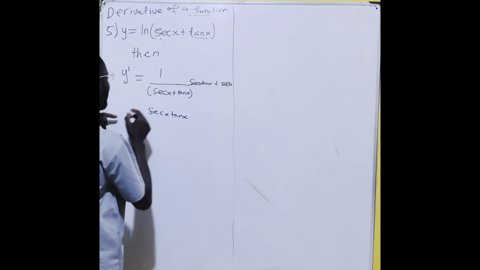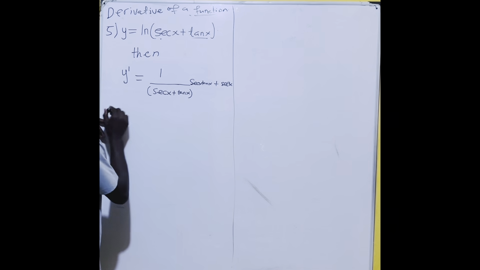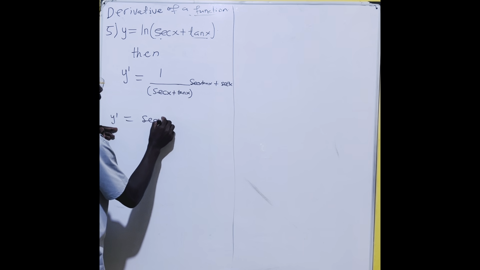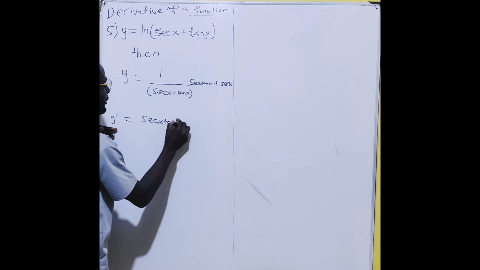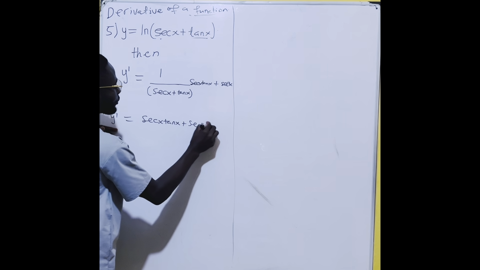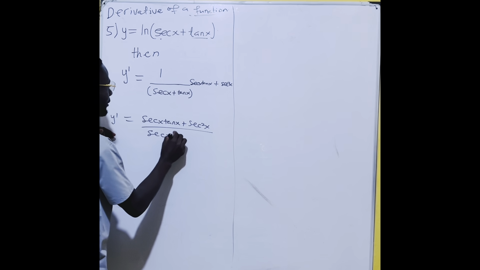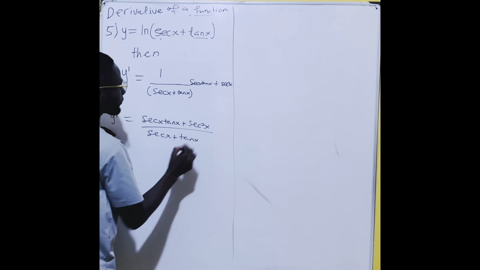So we have y prime equal to sec x tan x plus sec squared x divided by sec x plus tan x.